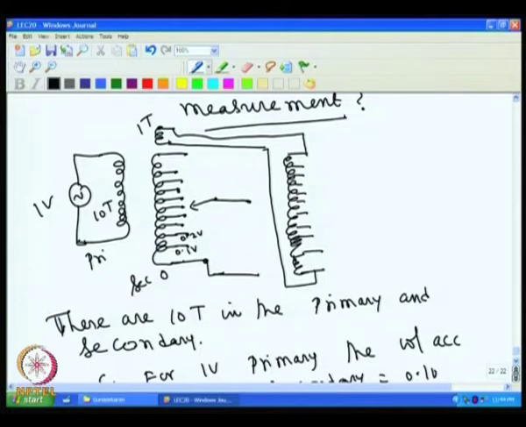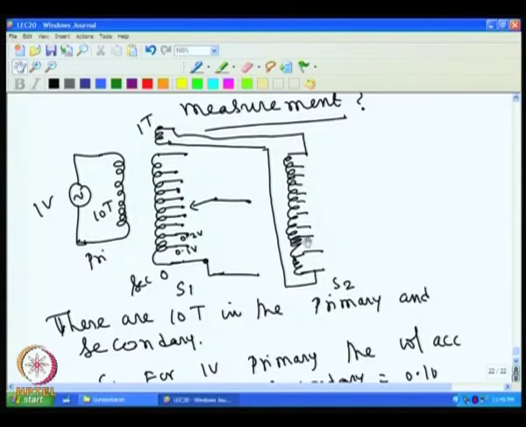So, now we have one more secondary winding. We call this one S1, and this is another secondary winding S2. So, S1 has totally 10 turns, and the voltage across each one is 0.1 volt. There is another secondary added to this, which is only 1 turn, so the voltage across this is also 0.1 volt.